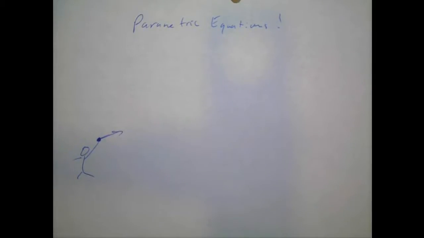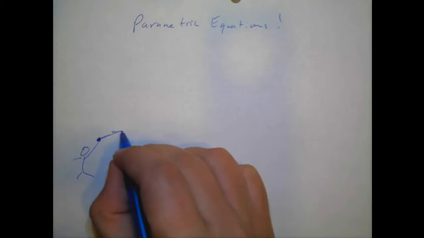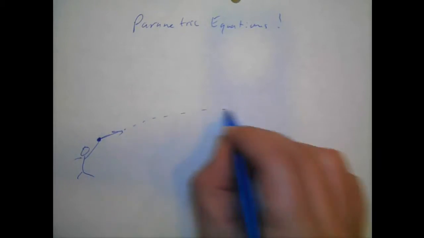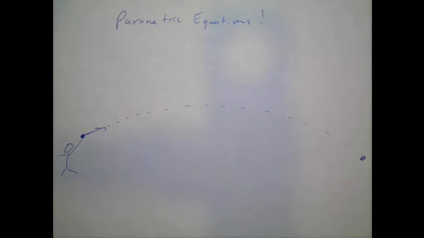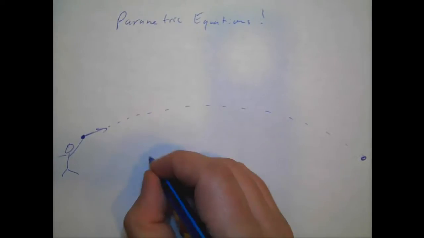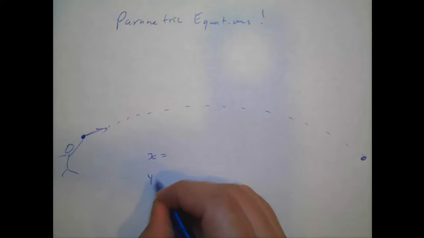Remember, vectors have a direction angle, and they also have some sort of magnitude or strength. When I throw this ball and it releases my hand, it follows this path until it hits whatever it's hitting over there. This path can be modeled by what are called parametric equations.